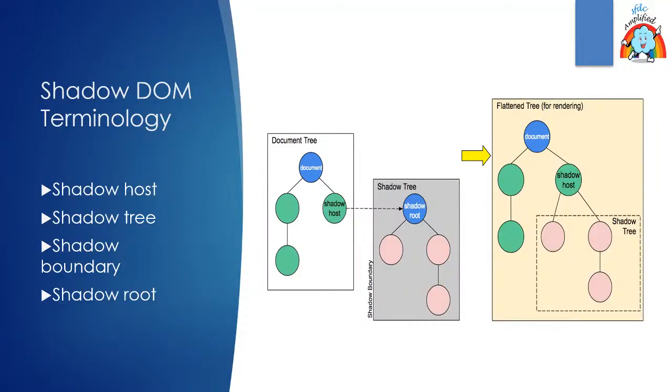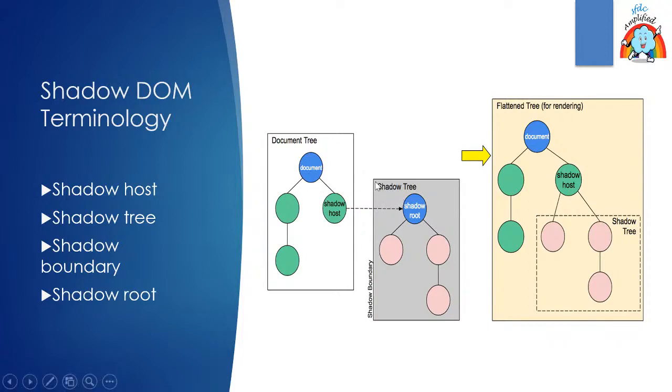Let's understand some basic terminology, and then we can see the code to understand it better. The shadow host is the regular DOM node that the shadow DOM is attached to. Then there is the shadow tree, the DOM tree inside the shadow DOM.